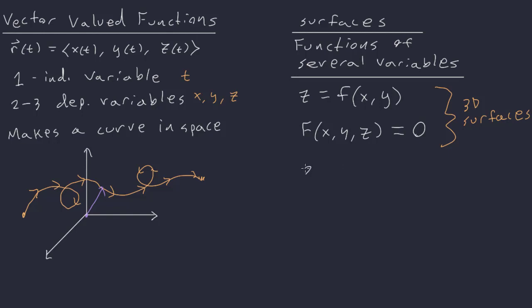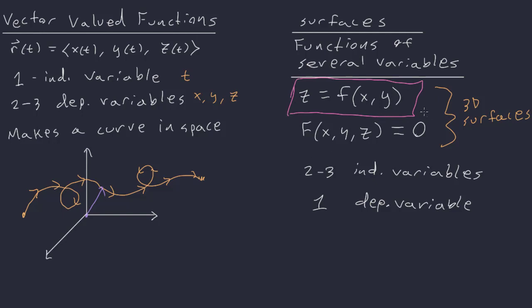So we've gone from 2 to 3 independent variables, and are only considering one dependent variable. This one is sort of a more implicit thing, and we'll talk a little bit about what I mean by this. This is the more common one.